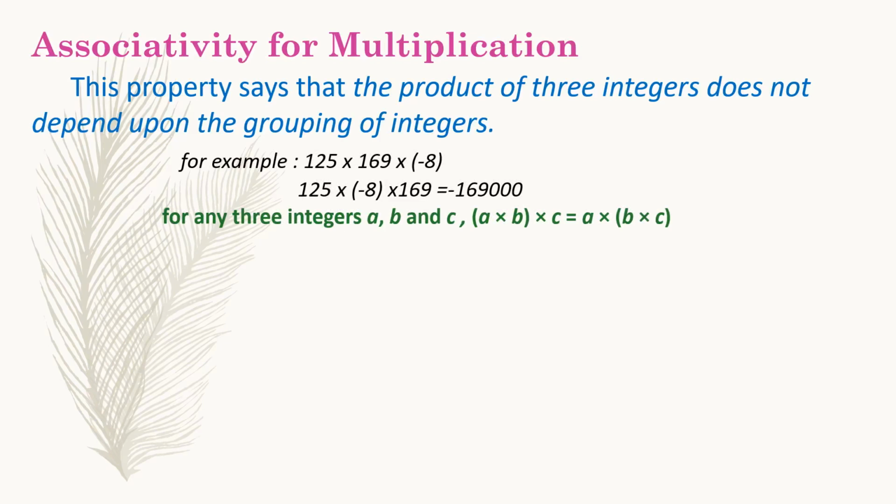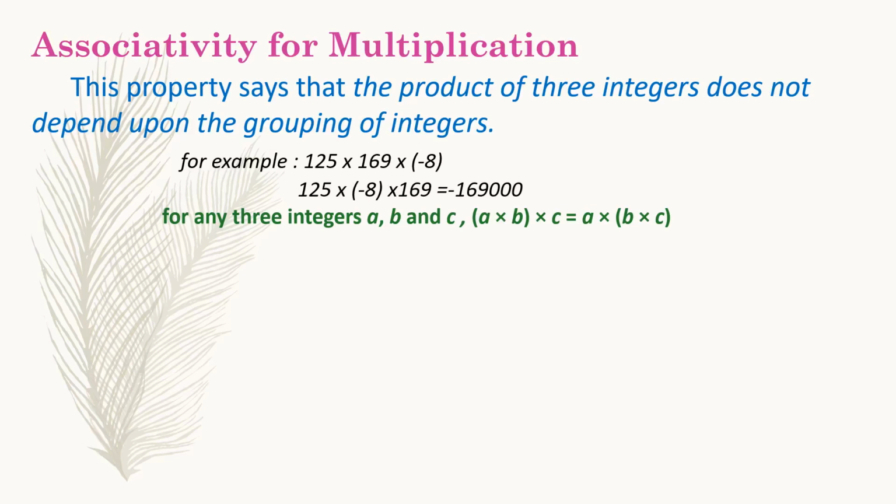It is very difficult if we try to find the product in the given sequence, meaning first we multiply 125 into 169, then whatever product we get, we multiply that with minus 8. By using this property, we can put 125 and minus 8 together and then multiply the product with 169. In this way, it is very easy to find the answer.